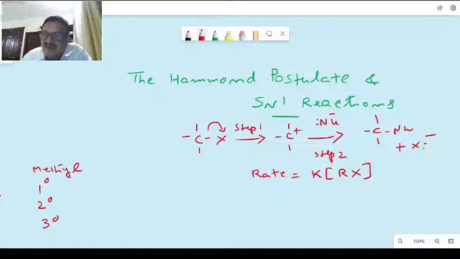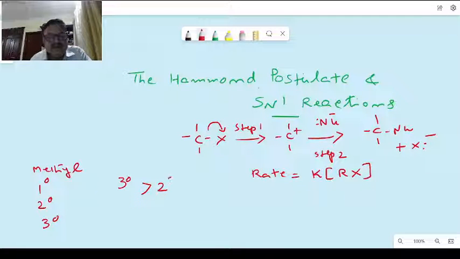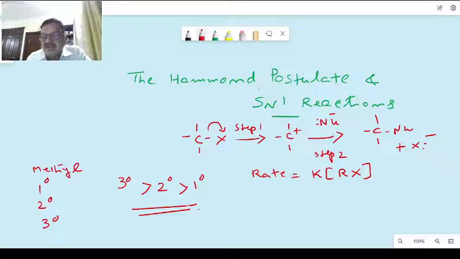Also, the rate of an SN1 reaction increases as the number of R groups, the alkyl groups, on the carbon with the leaving group increases. The stability of the carbocation increases as the number of R groups on the positively charged carbon increases. Therefore, this is the order: tertiary, then secondary, then primary.